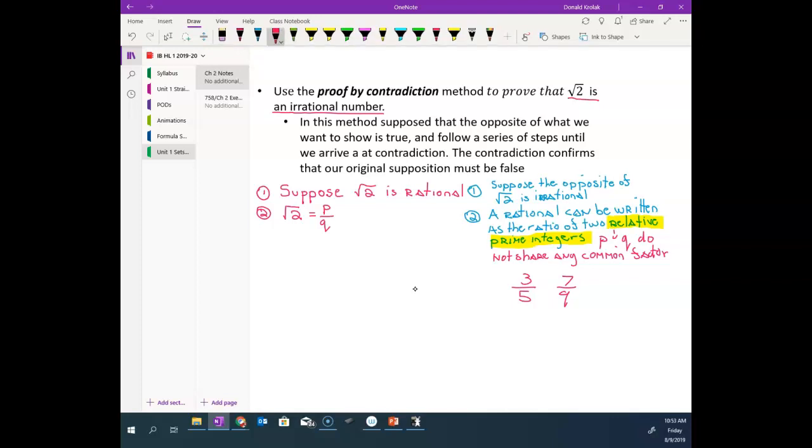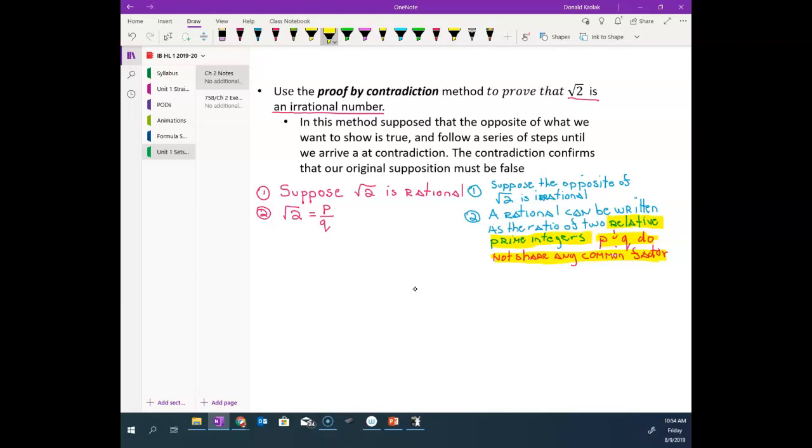The fraction can't be reduced. So this is where the contradiction is going to come up. As we go through this, it's going to turn out that if what we assumed is true, then they're going to have common factors. Therefore, what we assumed is true can't be true.